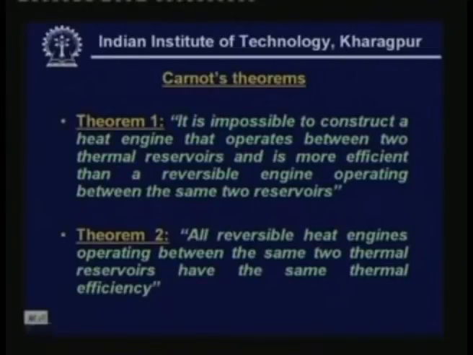In simple words, let us say that we have two thermal reservoirs, one high temperature reservoir and a low temperature reservoir, and between these two reservoirs, let us say two heat engines are operating, and one heat engine is reversible and the other heat engine is irreversible. Now what do we mean by a reversible heat engine? An engine is said to be reversible if all the processes are completely reversible.